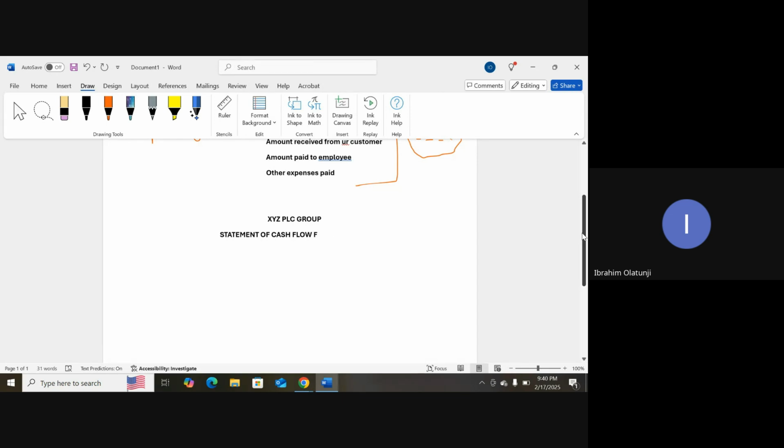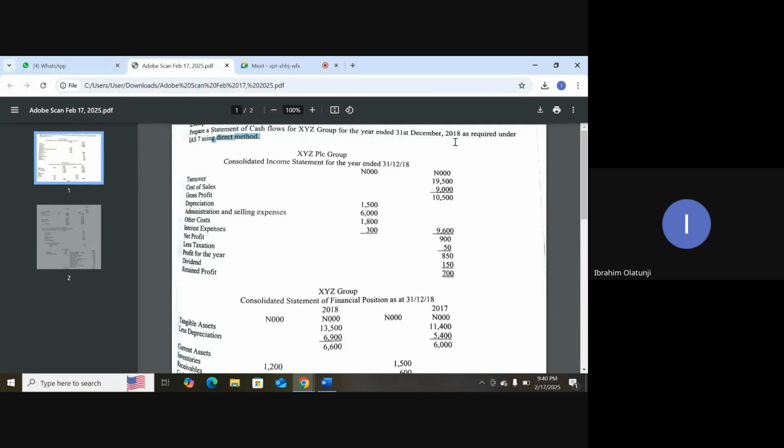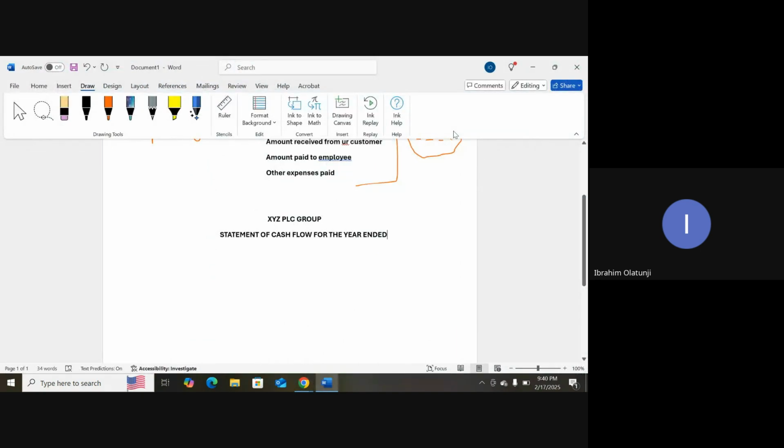Now put the year: for the year ended 31st December 2018. If you do this, you are on track because this also attracts marks.